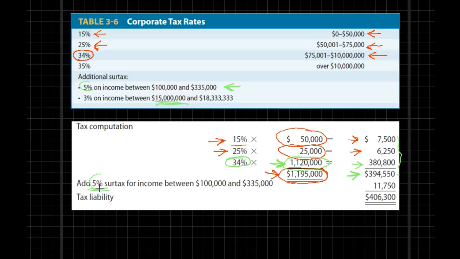Because we have to pay this 5% additional surtax for our income between $100,000 and $335,000, this will add up to an additional $11,750. When combining this with our previous subtotal of $394,000, we come across this final result of $406,300. So this would be our tax liability.